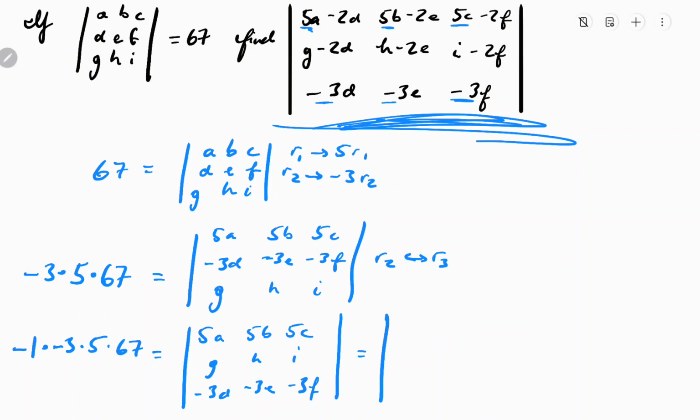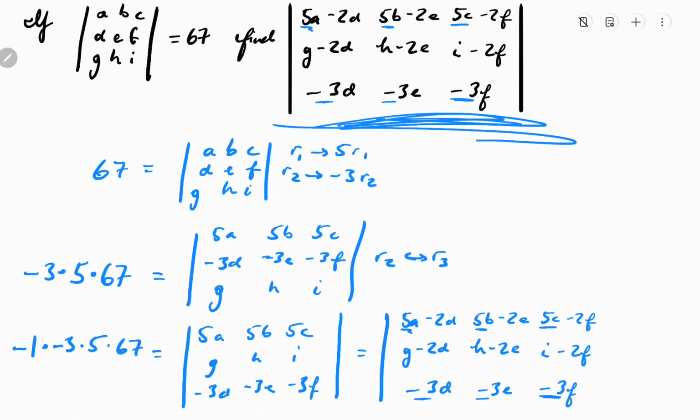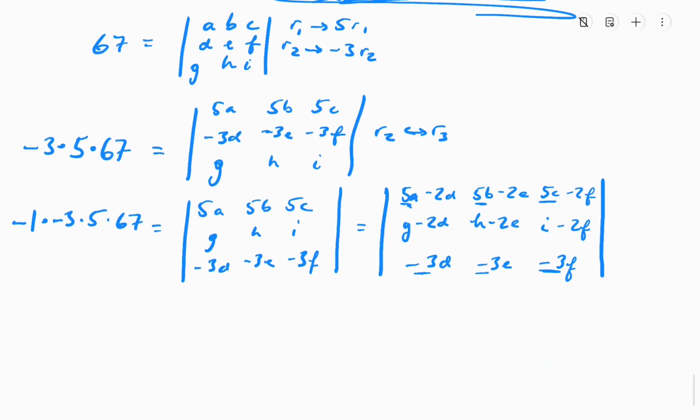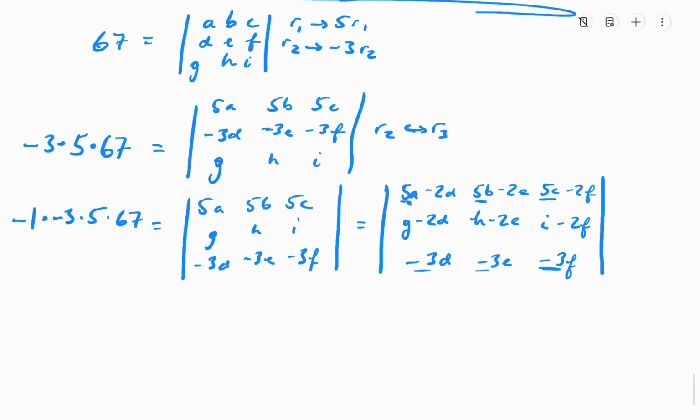Adding or subtracting a scalar multiple of a different row will not change my determinant at all. So now I can do some arithmetic and evaluate my determinant. So we have 15 times 67.